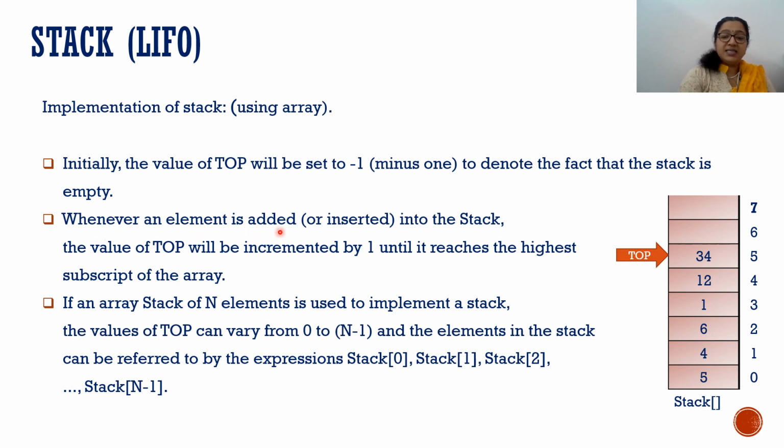Now see the second point. Whenever an element is added or inserted into the stack, the value of top will be incremented by 1 until it reaches the highest subscript of the array. So whenever an element is added to this array, the top is incrementing by 1. So first time it is -1, then 0, then 1, 2, 3, 4, 5, 6, 7.